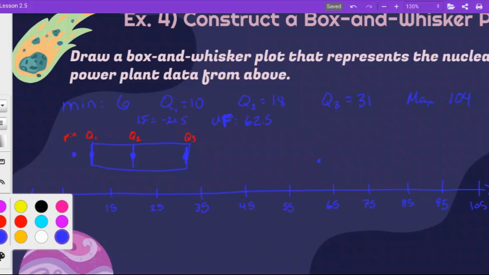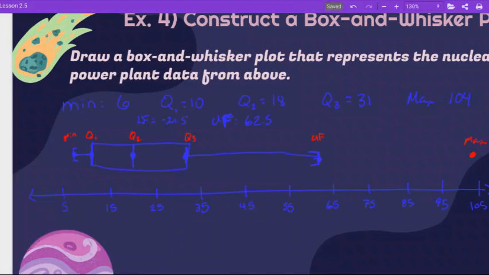So I connect this dot with a bracket and a line there. And then this was our upper fence. And so I'm going to treat that as my high value. And then I also got to plot my maximum, which is just out here. And that was my max, which in this case we determined earlier there was an outlier.